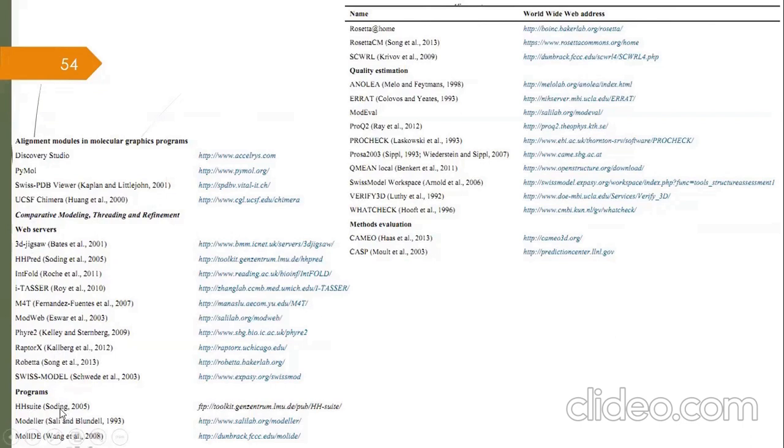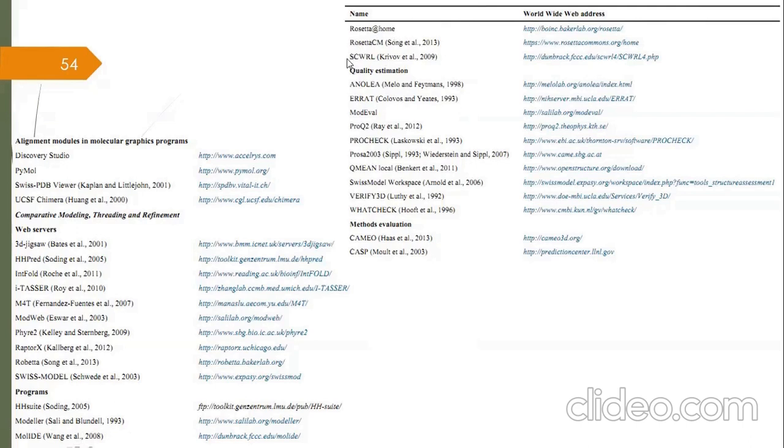So these are some further programs like Modeller. So we have covered this Modeller and the rest as an example. And these are certain other tools, Rosetta and more. So these are some evaluation tools to evaluate protein structure.